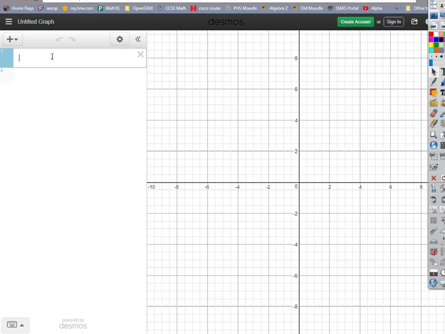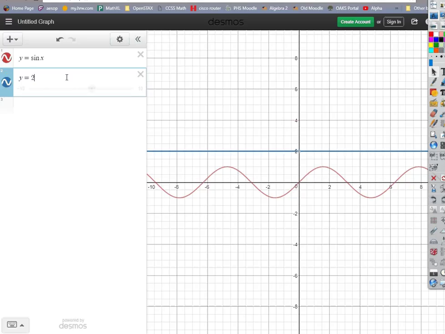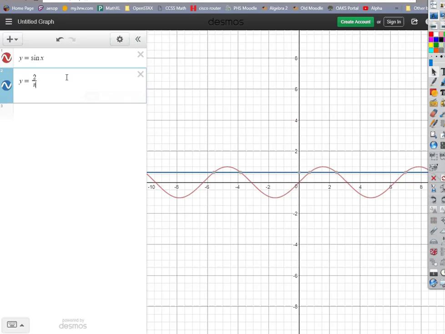We can do this a couple ways. We can graph y equals sine x, and we can graph y equals, what was it, 2 over pi? And just look for all the intersections on our interval.